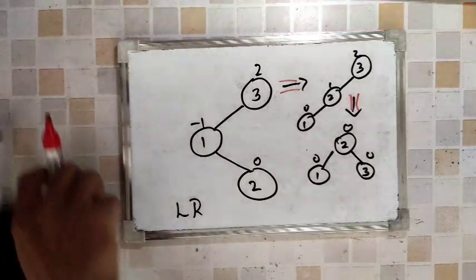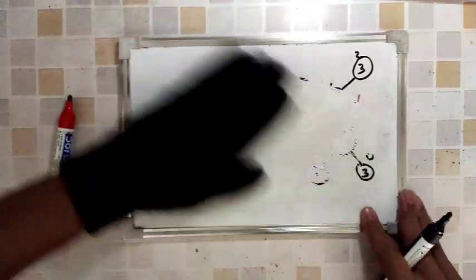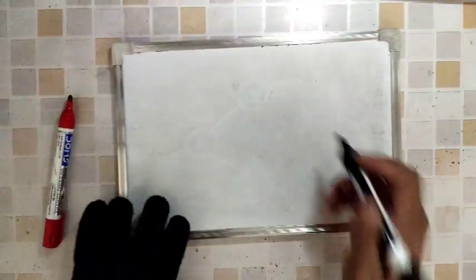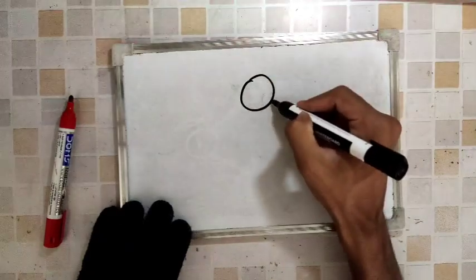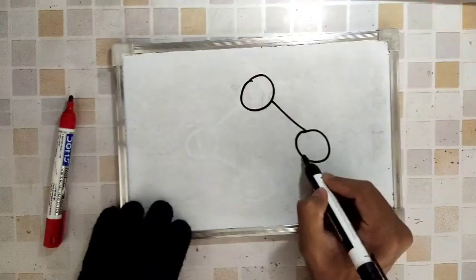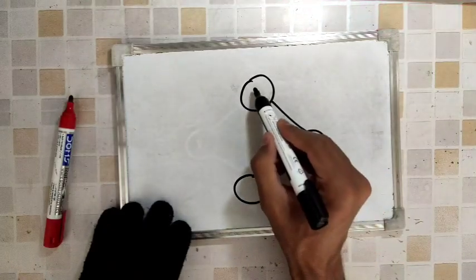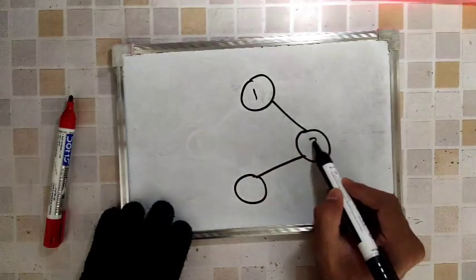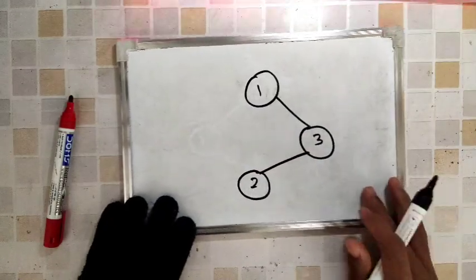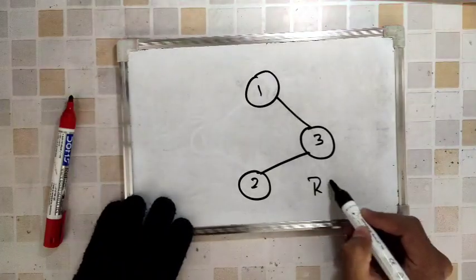Are you understanding, students? Then let us go for right-left rotation. The same way, here I will keep 1, here I will keep 3, and here I will keep 2. So first right and then left.